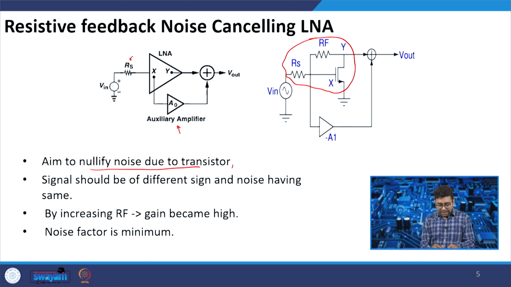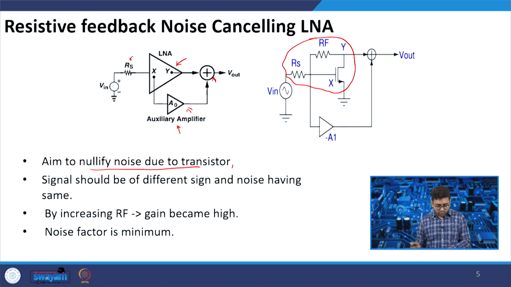So, while doing the addition or subtraction, if the polarity of noise is the same, and the polarity of the signal at this amplifier and that amplifier is different, then we will get addition in the signal and subtraction in the noise.